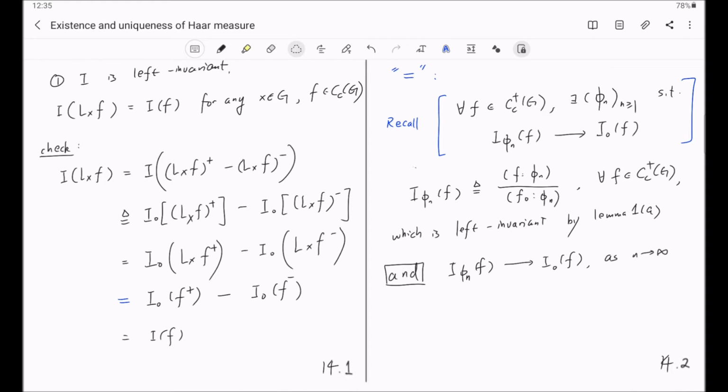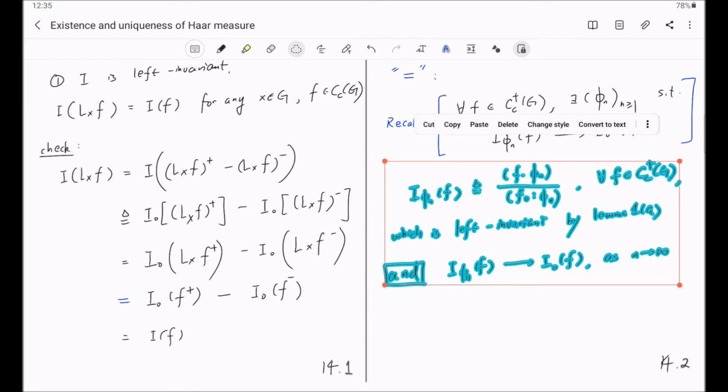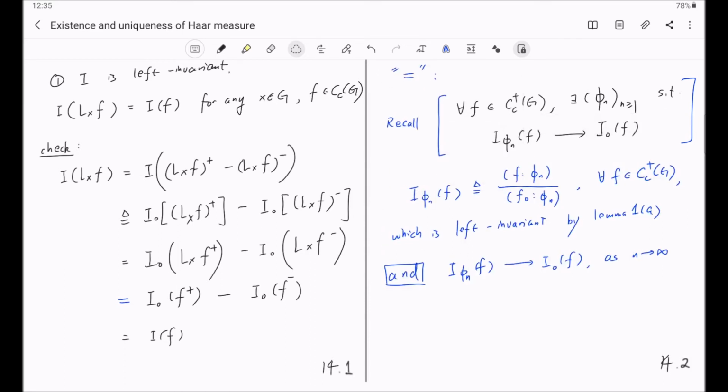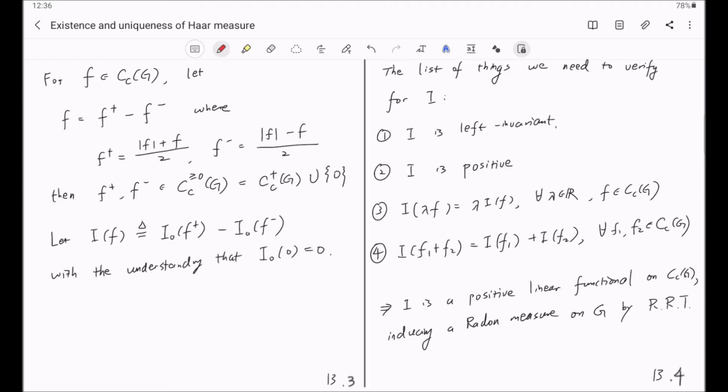So let me change it to another color to emphasize this. The f here on the right hand side is always a positive function, while the f on the left hand side can be any function in CCG.